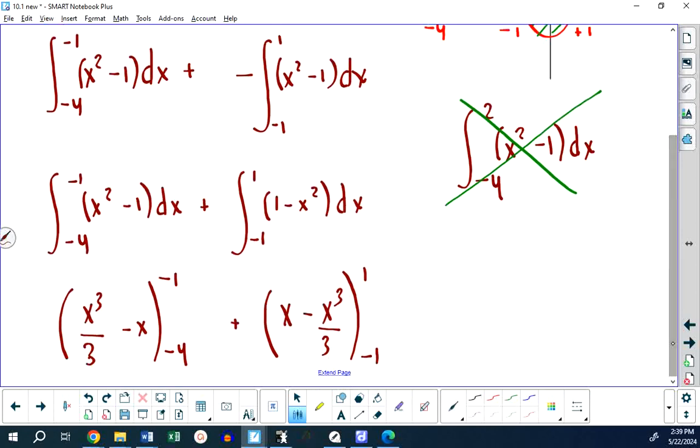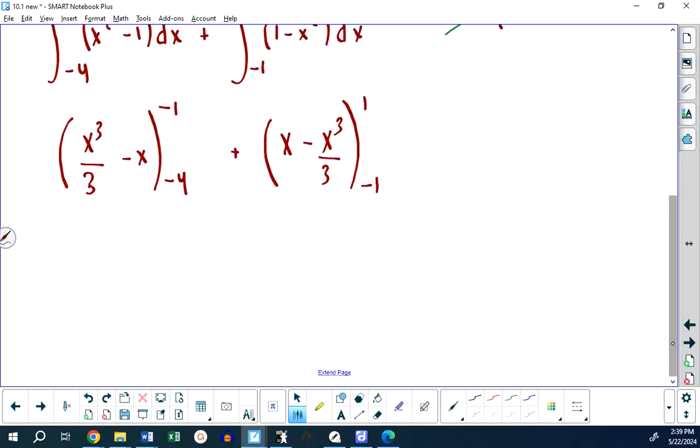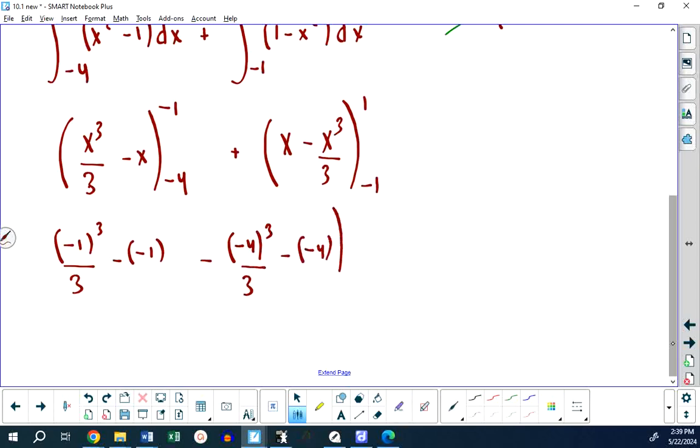Okay, so we're really practicing our number skills here. Negative 1 cubed over 3 minus negative 1, minus negative 4 cubed over 3 minus negative 4.